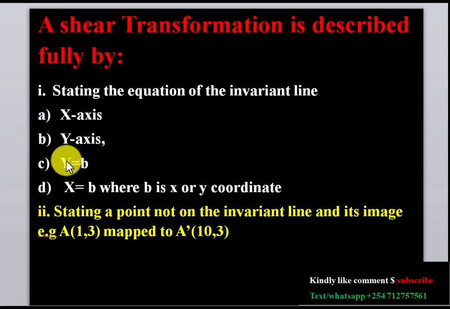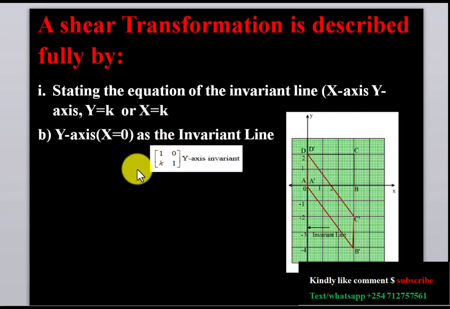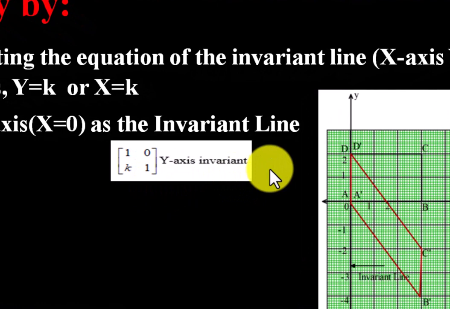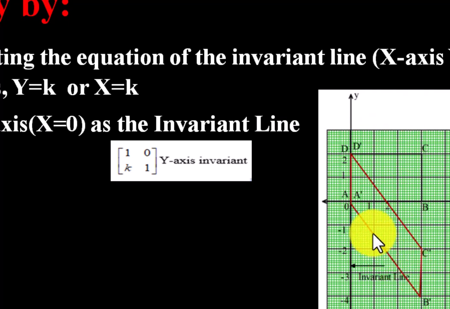Second, the y-axis, or x equal to 0 as the invariant line, will look like this. We have a matrix of transformation (1 0; k 1), with k as the shear factor, remember, and in a diagram we have this rectangle that has been transformed to this. Kindly note that we have the points D prime and A prime.